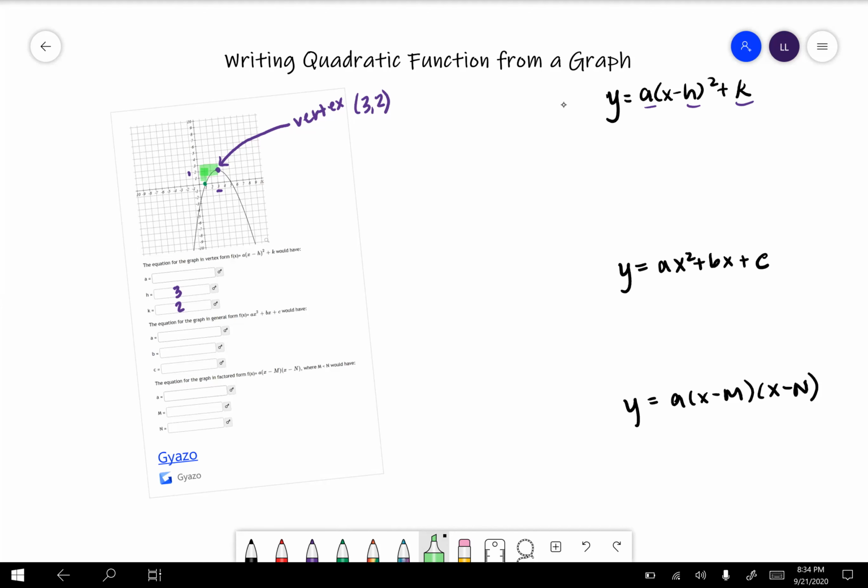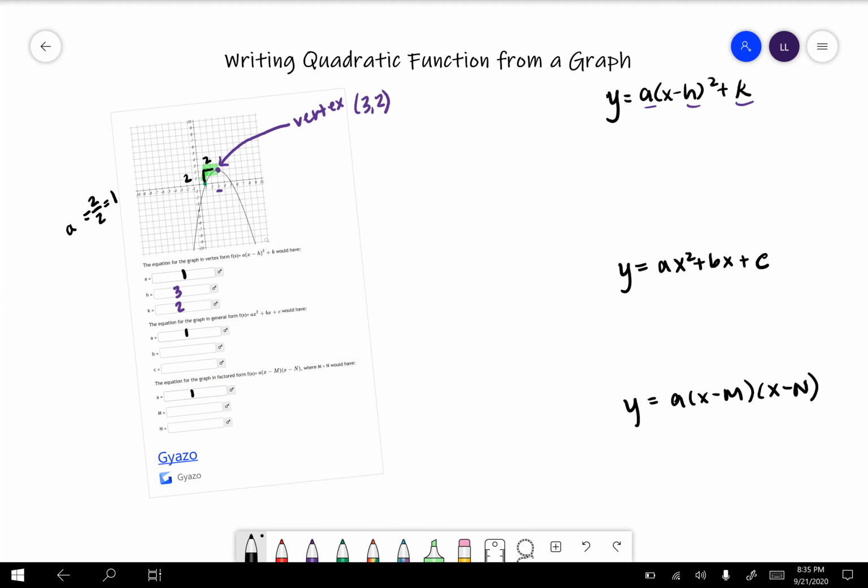The vertical distance is 2, and the horizontal distance is also 2. So 2 divided by 2 is what A is equal to. So A is equal to 1. If I know that A is 1 here, that means A is 1 here and here as well.